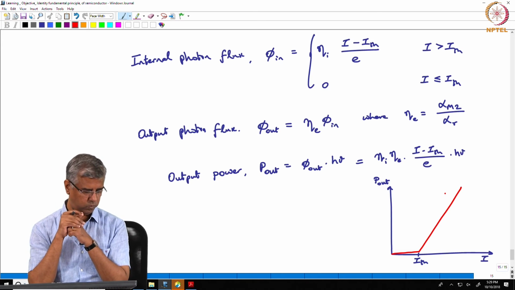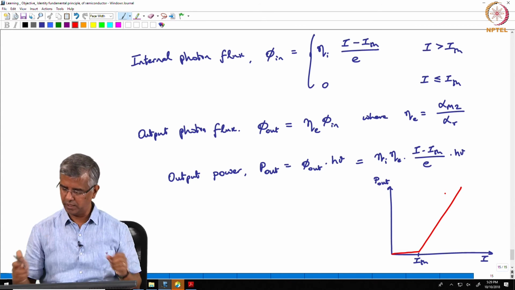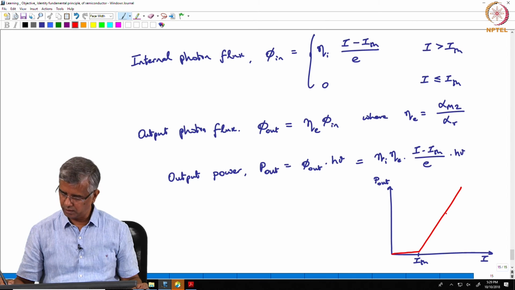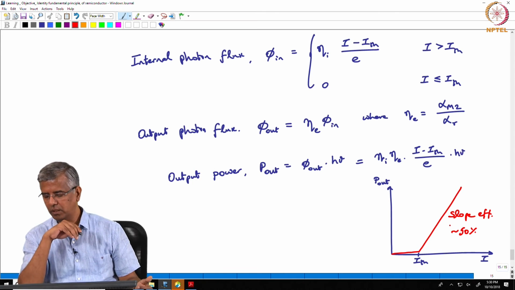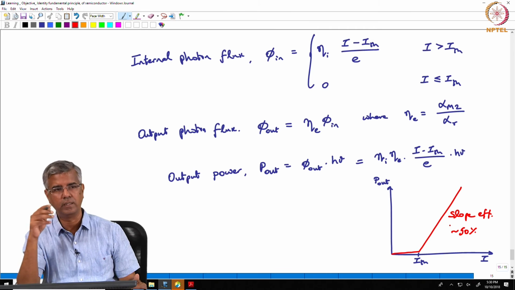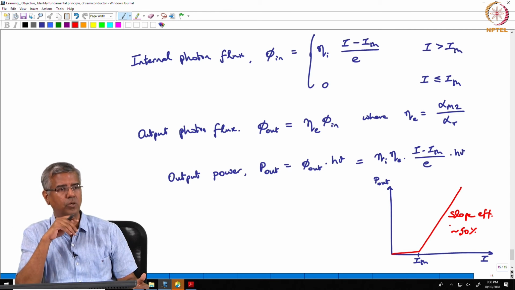So that is one thing I wanted to mention, and also these are fairly efficient because the slope efficiency can be on the order of 50%. And the threshold currents can be on the order of 10 milliamps or so.